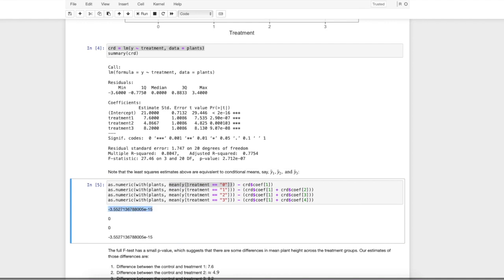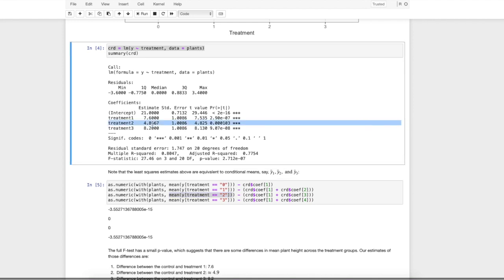And that tells me that those two numbers are the same. So that's true for all of the means. So if you took the mean of y, fixing the treatment at the level labeled 2, and then you subtracted off the intercept term plus the coefficient associated with level 2, so this 4.86 or so, you also get 0. All right, so I think that's a good equivalence to draw.